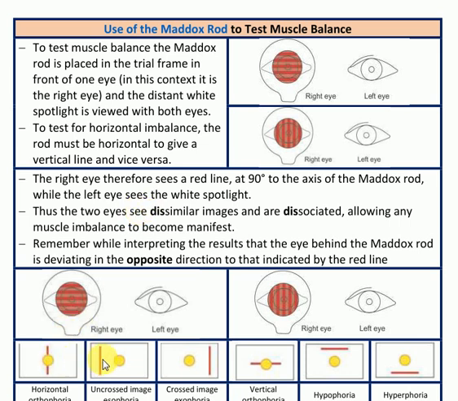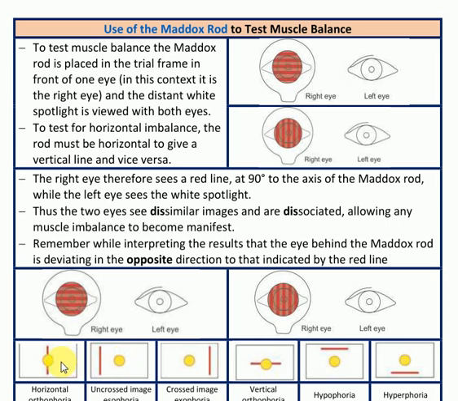This red line is 90 degrees to the axis of the maddox rod. So if the axis is horizontal, the line is vertical. While the left eye sees the white spotlight. So the right eye sees the line and the left eye the white light.